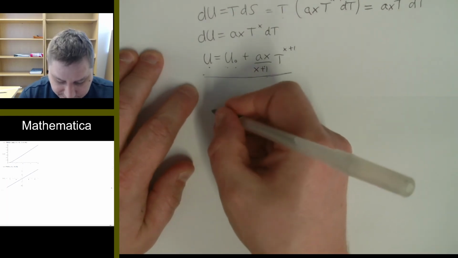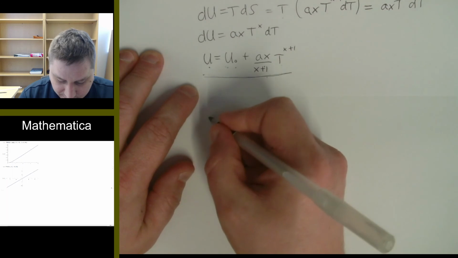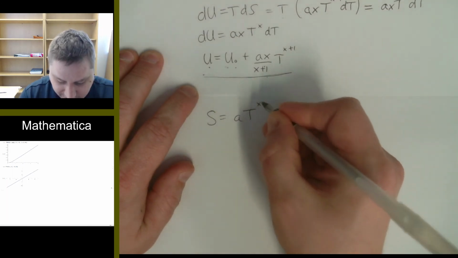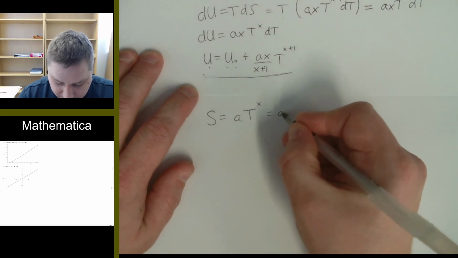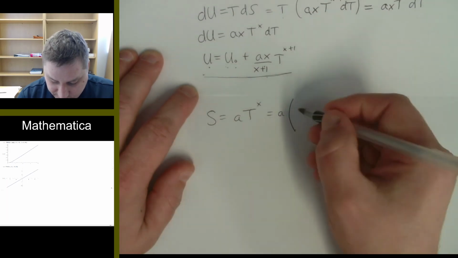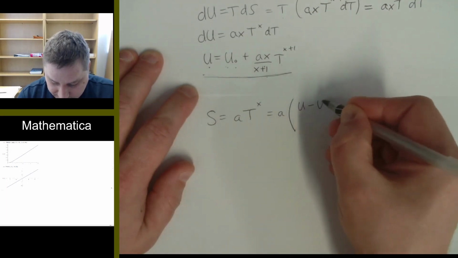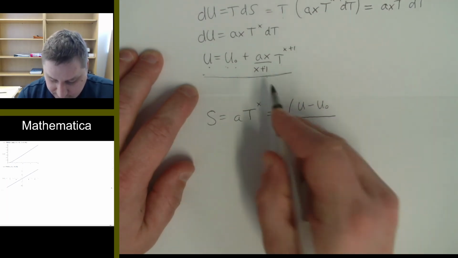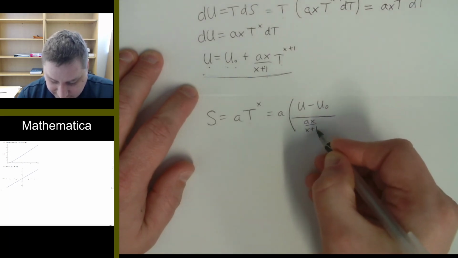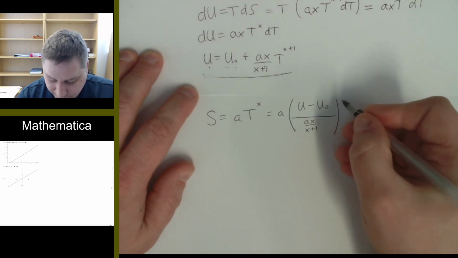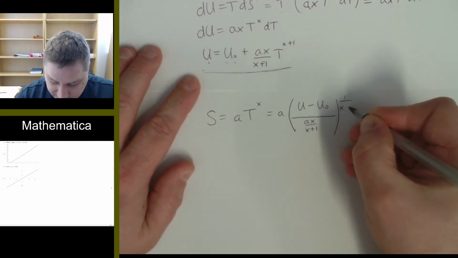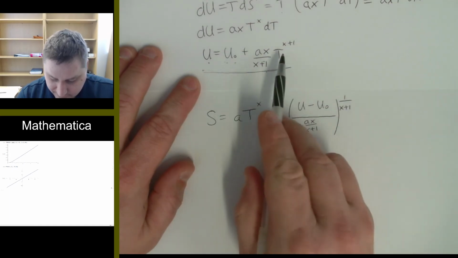all right, let's do this. So S is A times T to the x, and T is U minus U0 divided by kind of just some junk constants, to the 1 over x plus 1, right?